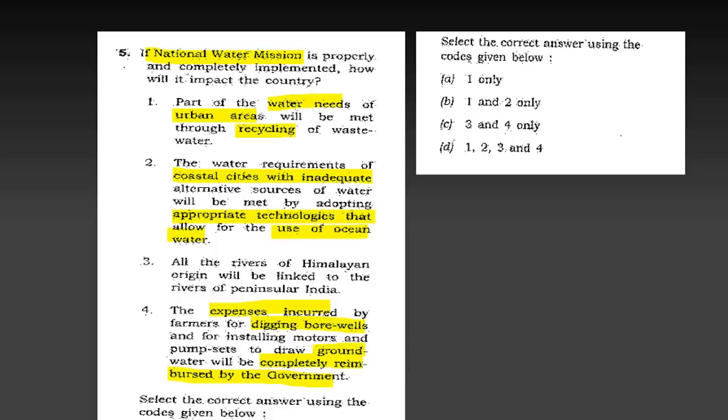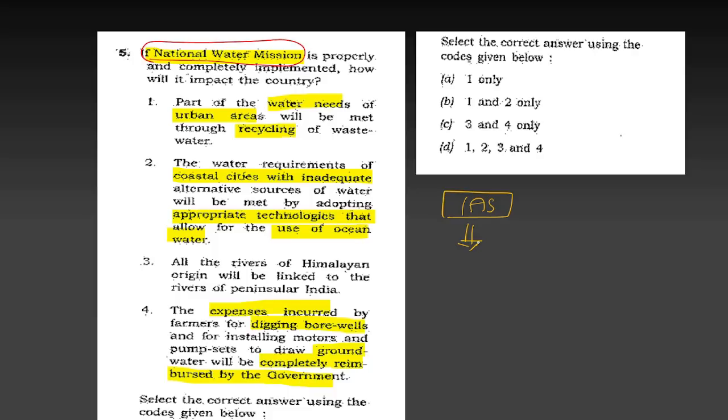Next, see this National Water Mission. As I told you, you are the IAS officer. Inside the examination hall, think like an IAS officer, not inside the interview hall. Interview hall, as I said, we will talk about separately. People mistake this and reverse the role.